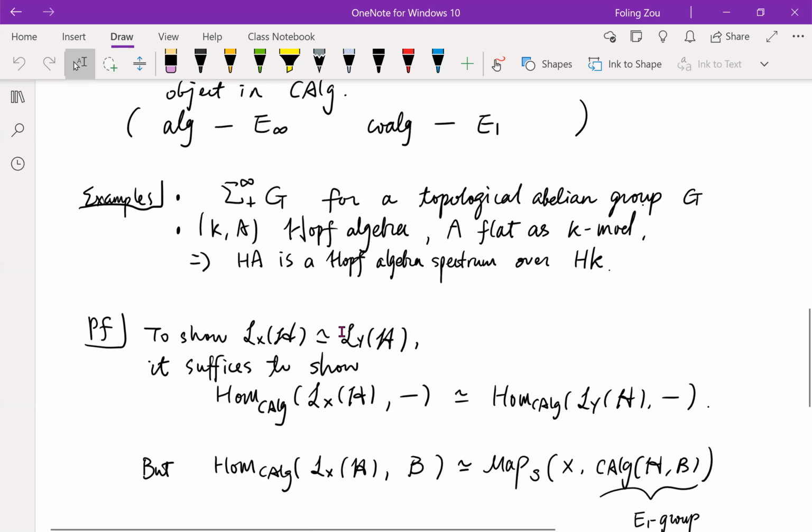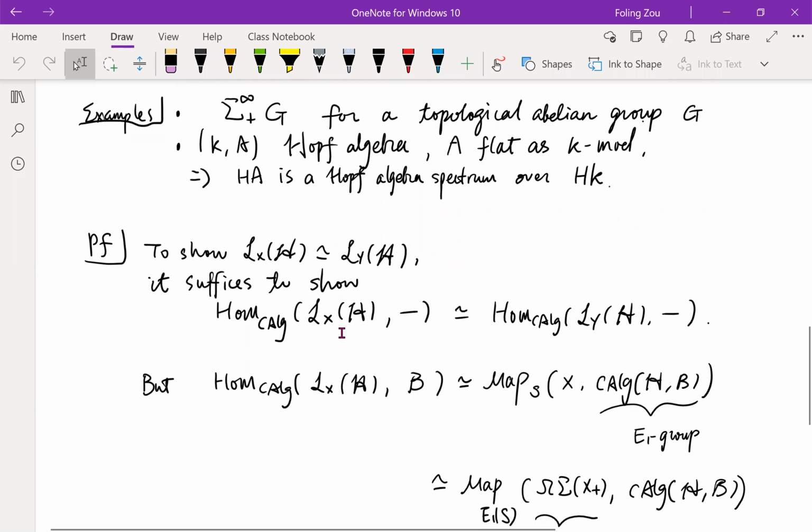Okay. So, do you know it for things like Spanier-Whitehead duals of compact Lie groups, for example? Sorry, I'm not very familiar with that. Are those commutative Hopf algebras? I mean, I don't know exactly what a commutative Hopf algebra in Spectra is, or how it differs from my intuition for it.